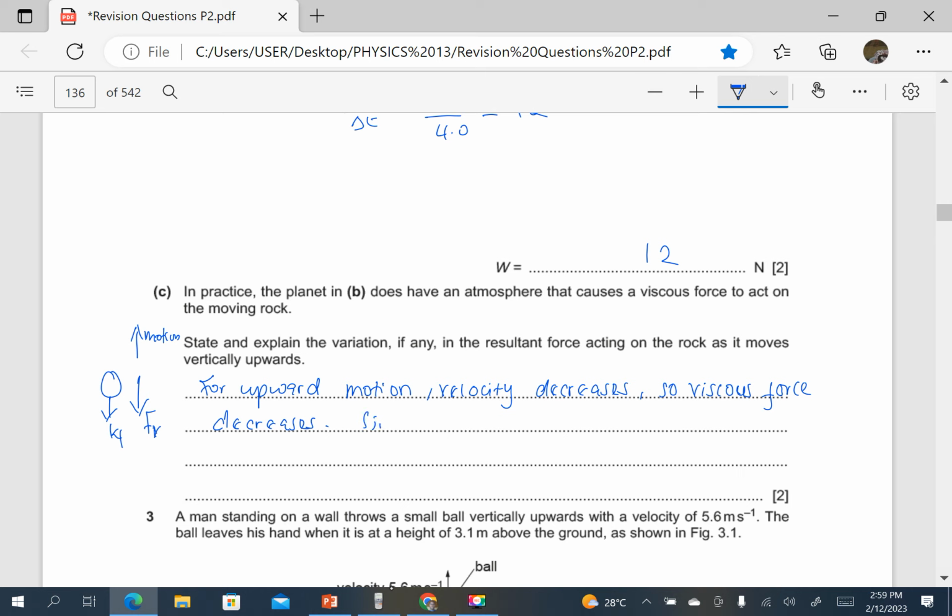Since the weight is constant, the resultant force decreases.